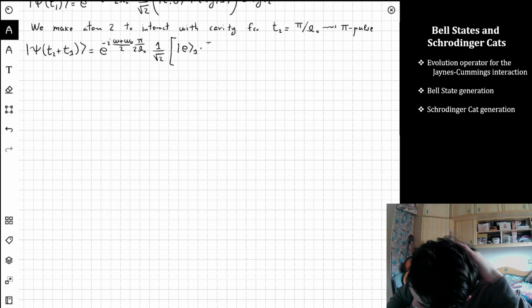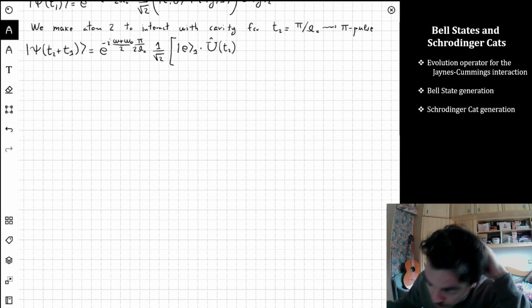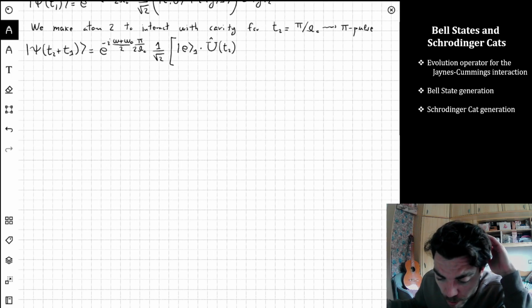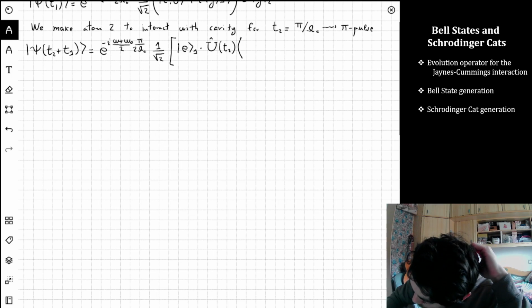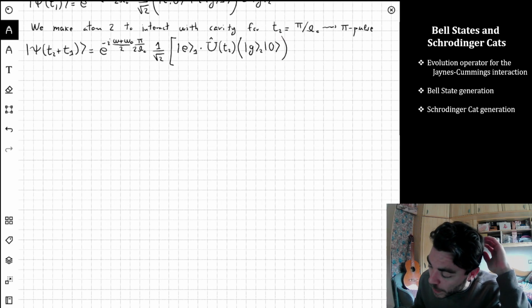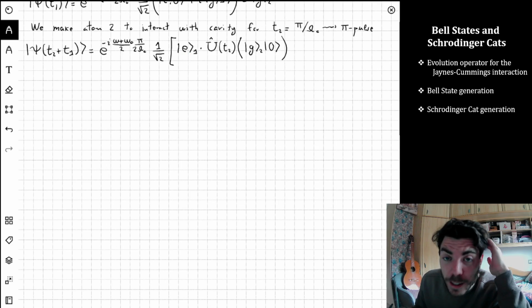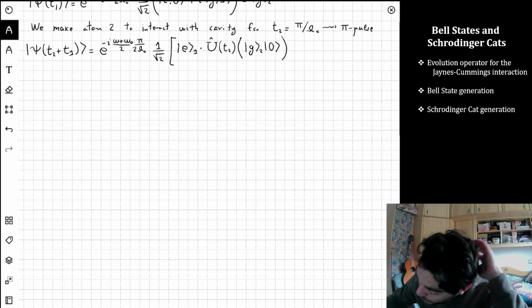Now we have to apply the unitary operator for a time t2, that is pi over omega 0, on the state of the ground state of atom 2 and 0 photons. This was one of the possibilities, that atom 1 was excited and then 0 photons in the cavity, so nothing had actually happened after the interaction.